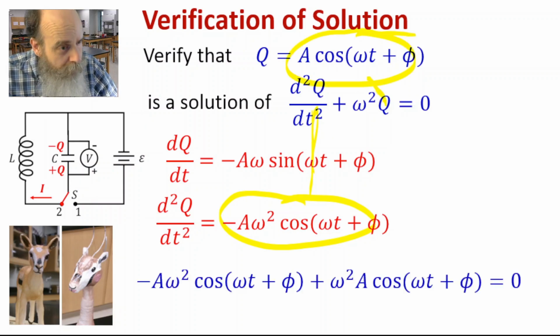And our equation becomes this. First term, negative A omega squared cos(omega t plus phi), plus omega squared times A cos(omega t plus phi). Well, these two terms are the same, but they have opposite signs, so they add to 0. So we have verified that indeed that is the solution of the differential equation.